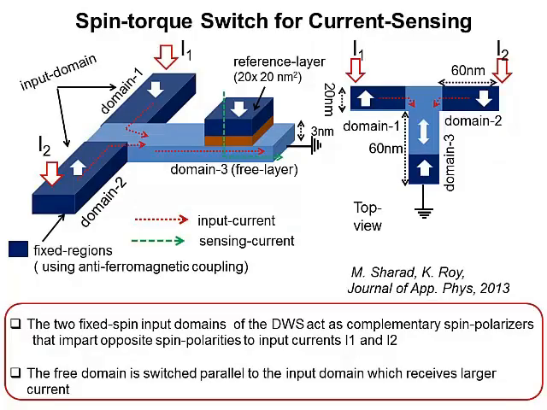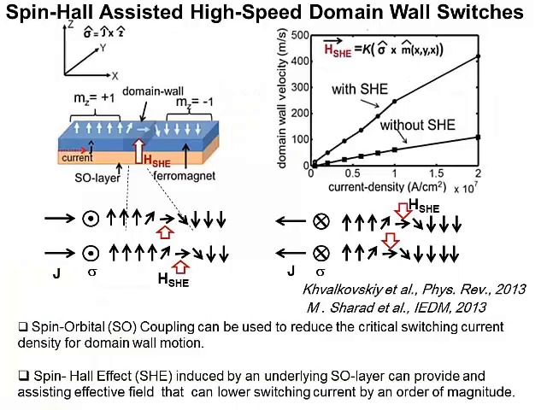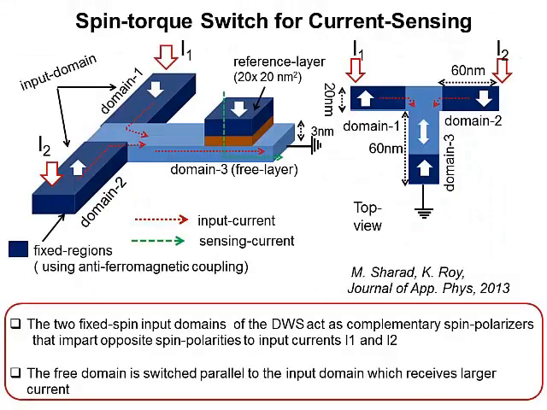One of the possible current mode sensing devices, shown over here, is based on the spin torque switch. Here, this spin torque device has two fixed domains, upspin and downspin, domain 1 and domain 2, and there is a free domain, domain 3. Depending upon which of these two domains, domain 1 or domain 2, receives larger current, the spin polarity of the free domain can be flipped parallel to either domain 1 or domain 2.